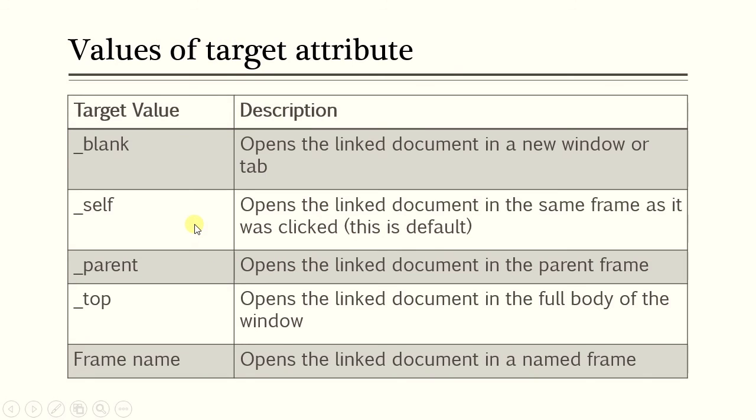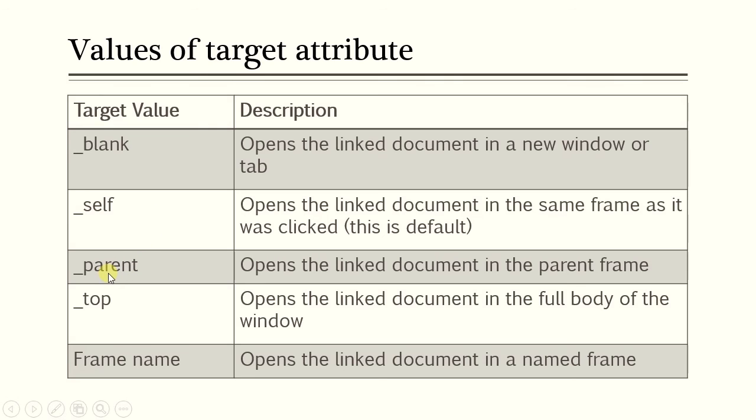Other than _blank, the target attribute can have one of the following values, such as the _self value. It is the default value. It opens the document in the same window or tab in which it was clicked.